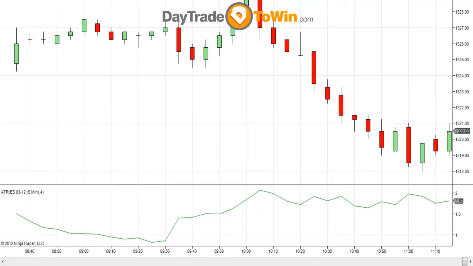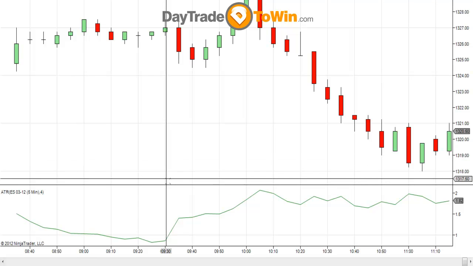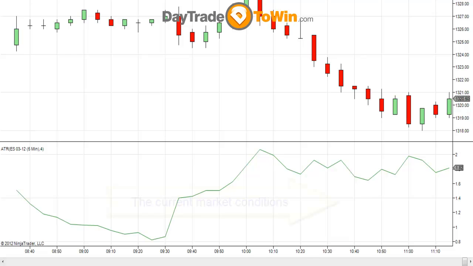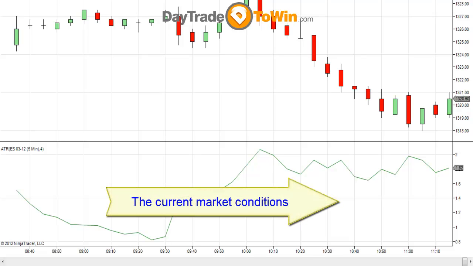Whenever you see this ATR at a very low number, it's a reflection that nobody's trading. This specific market is the E-mini, but we can look at euro, bonds, notes, DAX, it doesn't really matter. Currencies, forex, it all works the same way. Price action is price action.